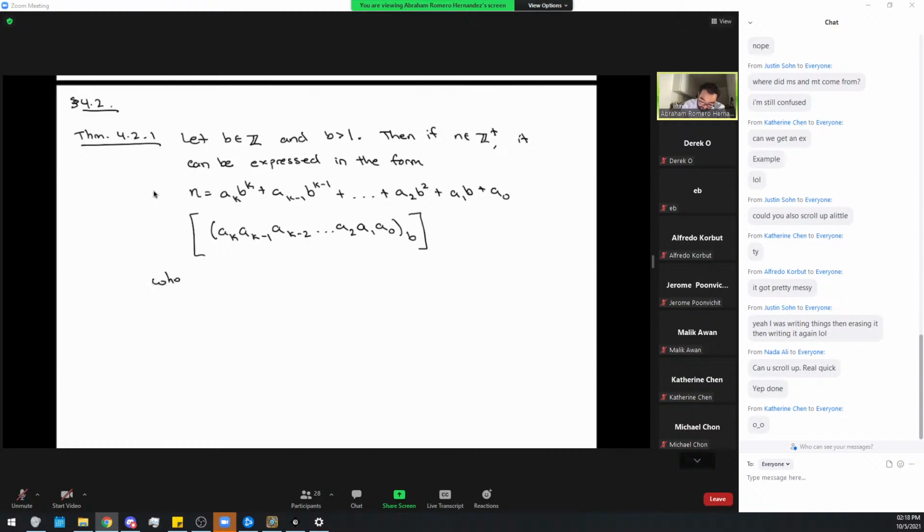Where k is a non-negative, meaning it could be any number that's positive and 0, a sub naught, a sub 1, all the way to a sub k are non-negative integers less than b.